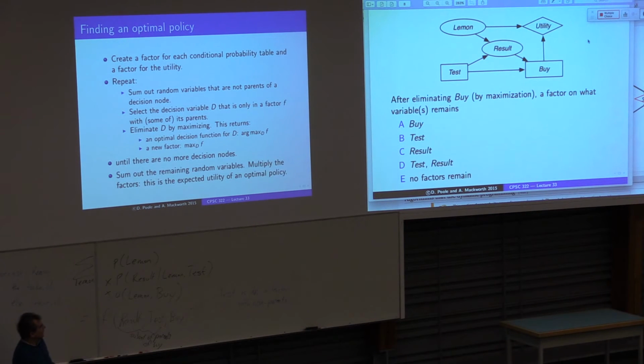After eliminating by, which we're going to do by maximization, a factor on which variables remain? So remember, I had this factor on result, test, and by, which is this one.